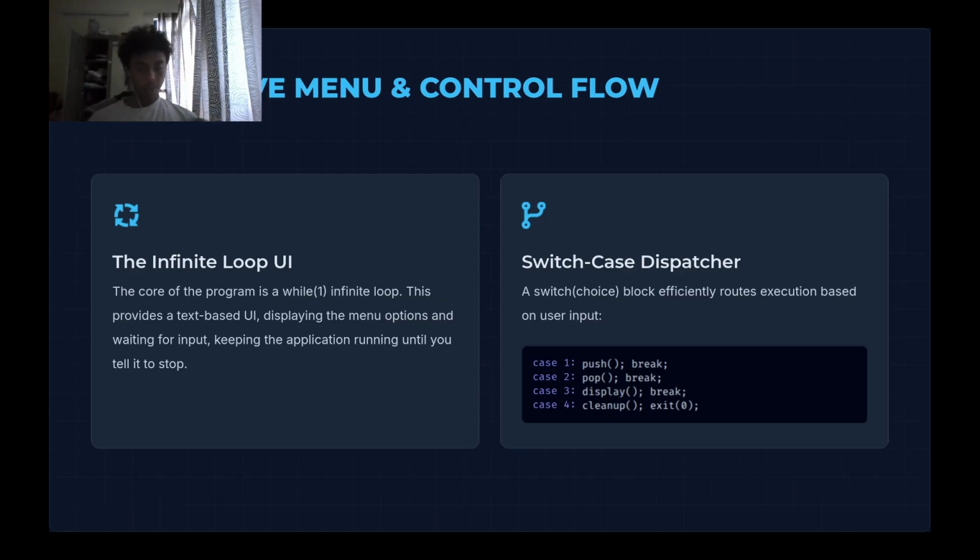And then we have the switch case dispatcher. The switch case acts as an efficient dispatcher, routing execution to the appropriate functions such as push, withdraw, display, based on the number selected by the user.